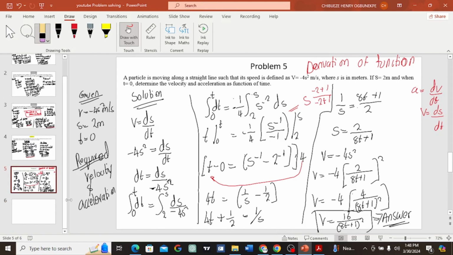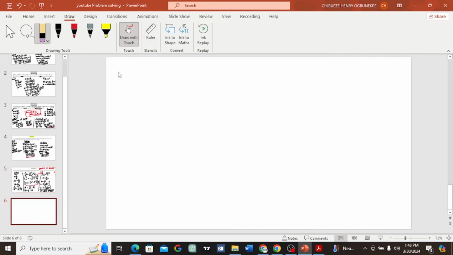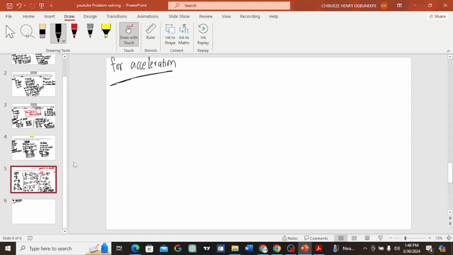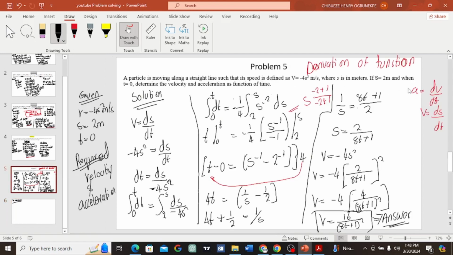To determine the acceleration, the formula we'll be using is a equals dv over dt.